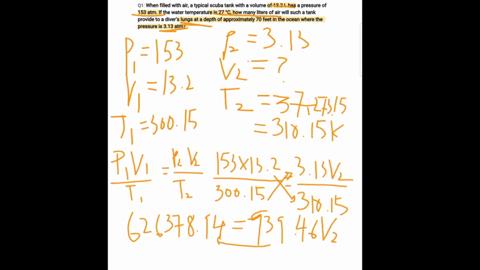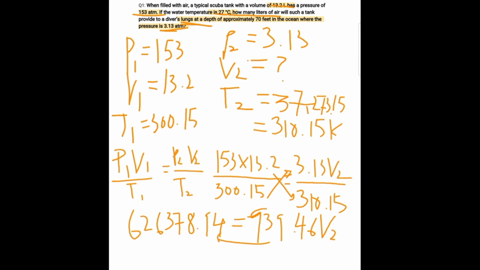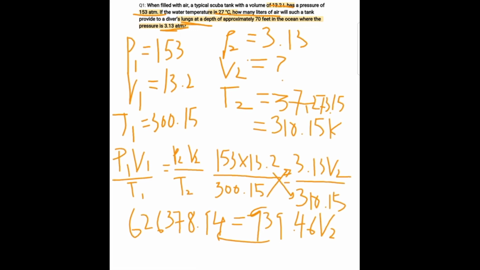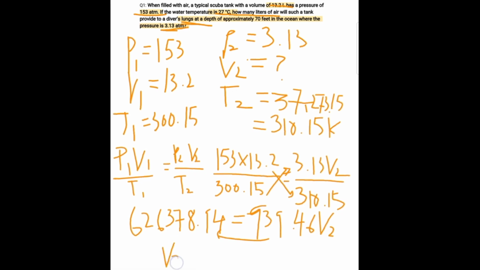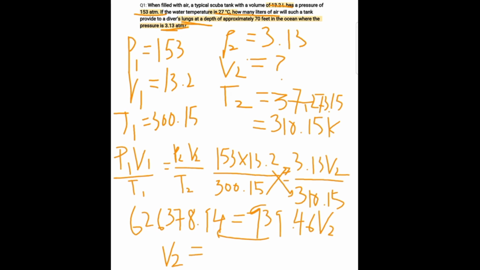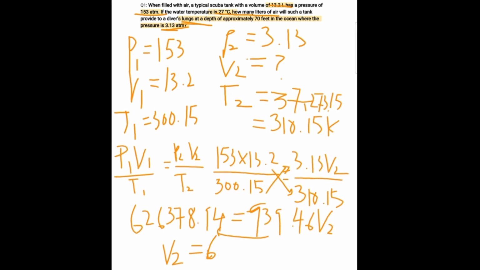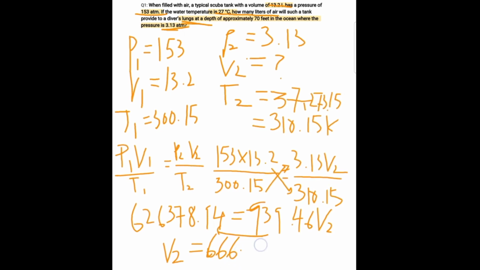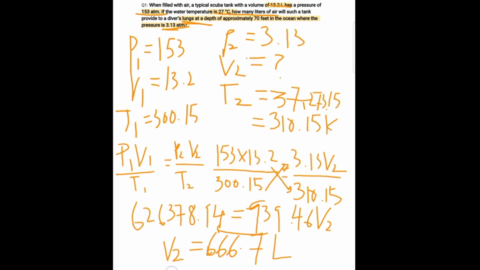So divide 626,378.94 by 939.46. We get V2 is 666.7 liter. Don't forget the unit.